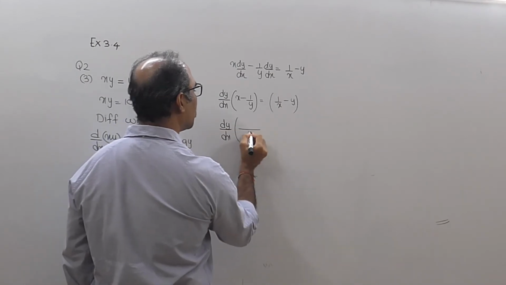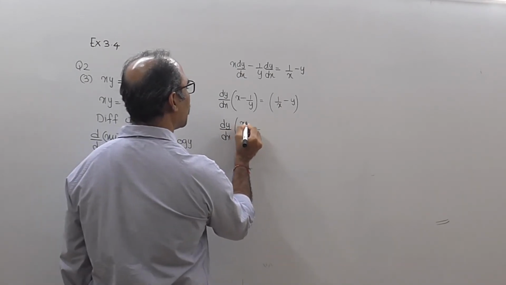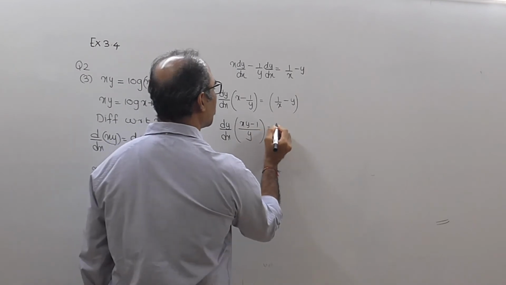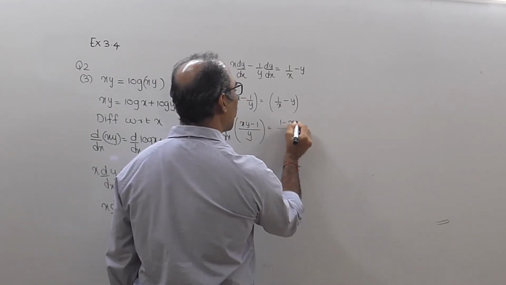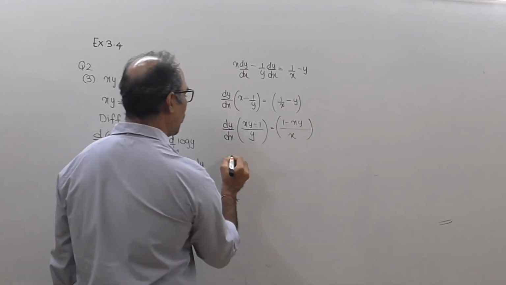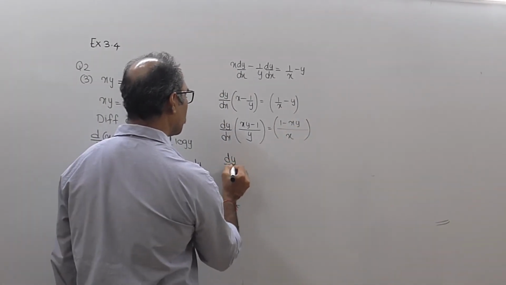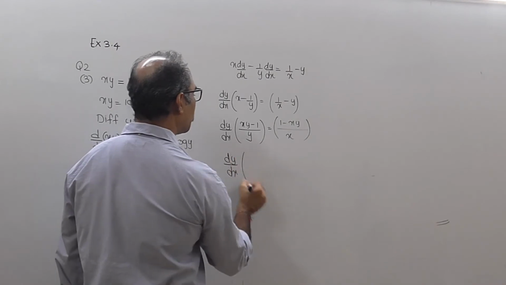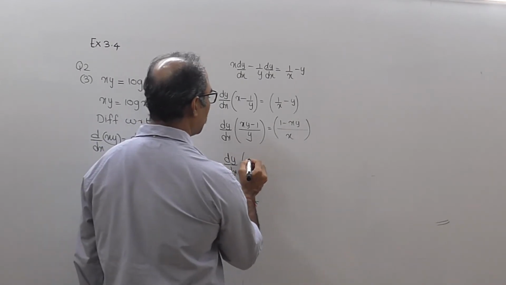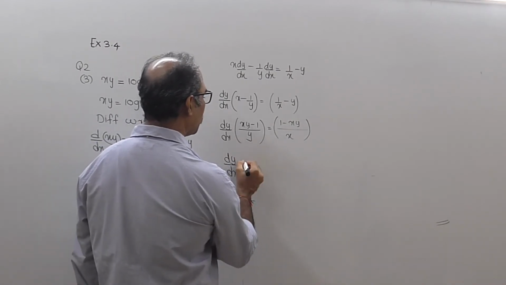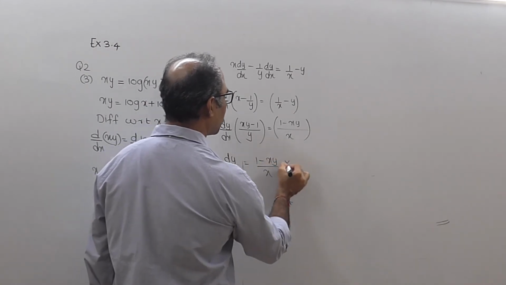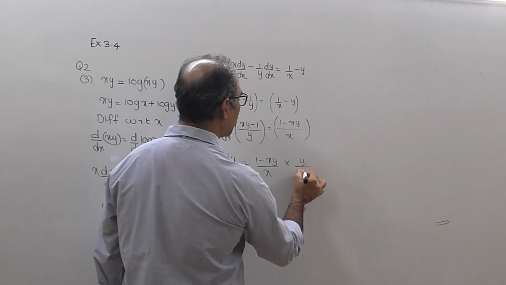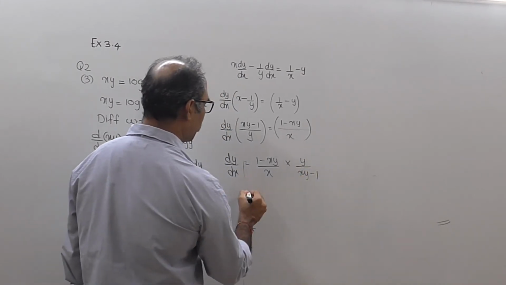dy by dx, take y as LCM, you get xy minus 1, take x as LCM, you get 1 minus xy. So dy by dx equal to 1 minus xy upon x multiplied by y upon xy minus 1.